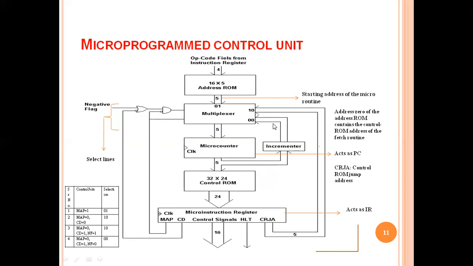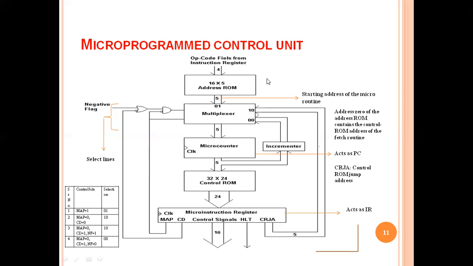If it is jump negative, it may increment, it may go to the address written in the CRJA, or in the fetch, the last line XX, whatever is written here, that means the processor may jump to that address also, depending on whether the last line of the instruction, where the decoding takes place, is reached or not.